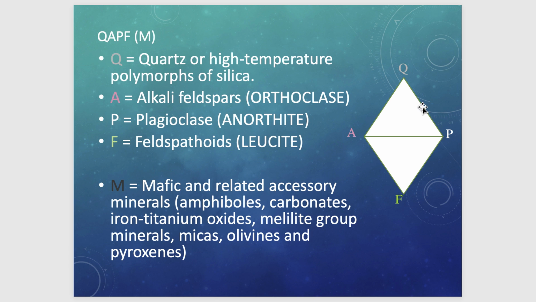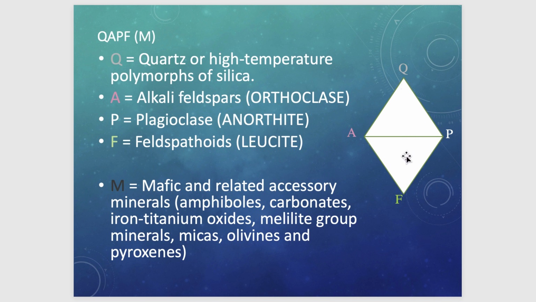But as soon as you have three components, you need to be right in the middle of the triangle, maybe if you have the same percentage of composition, roughly 33.3% of the three minerals we are discussing for this particular triangle. What happens if you have some feldspathoids like leucite?